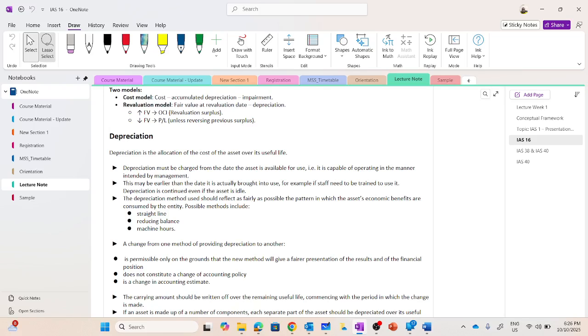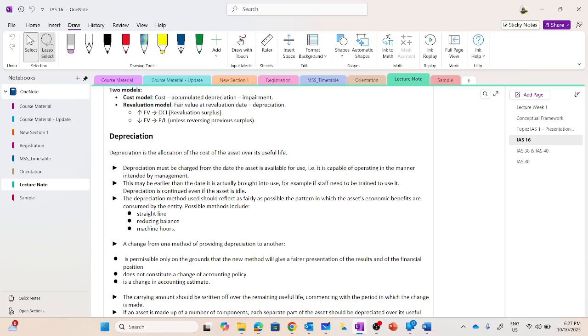So IAS 16 does not allow shortcut treatment for depreciation. It should be fair, and it should replicate the asset's economic benefit. For instance, for a computer, the standard life is 5 years. But if you decide to depreciate the computer over 10 years, it means the economic benefits will not be yielded based on the utilization of the computer.